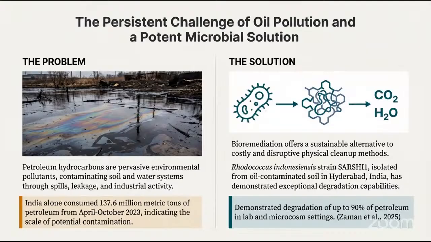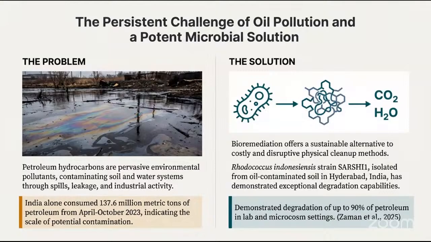What we actually did was get samples from locations where they store petroleum and petroleum products. Sometimes, when you are transferring from the depot to the vehicle, it gets leaked, or the soil gets contaminated with this leakage. We collected samples from these different locations in India, from different depths, from the top going down up to 1 meter.